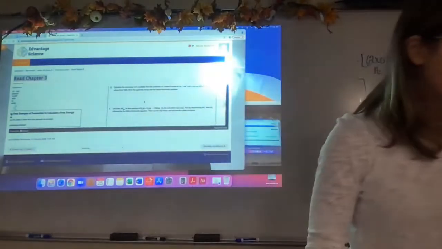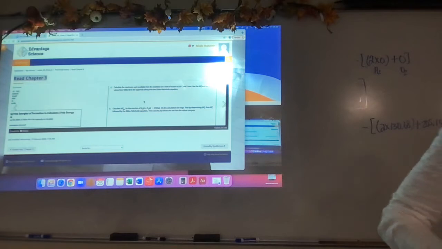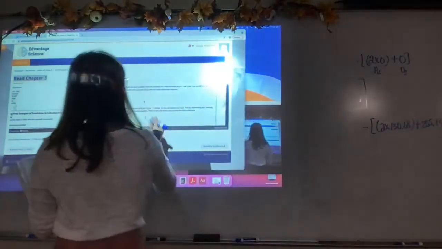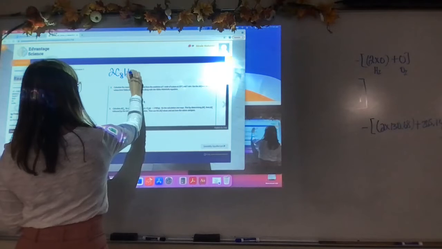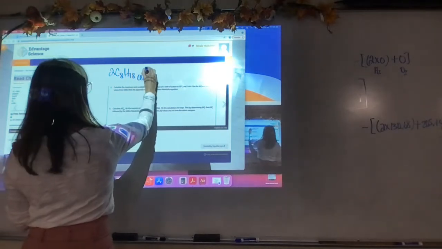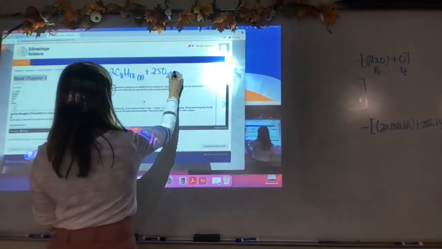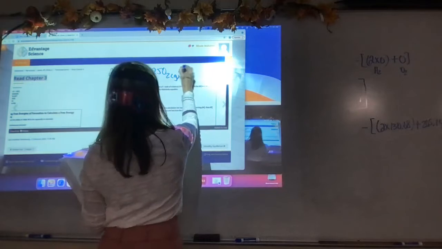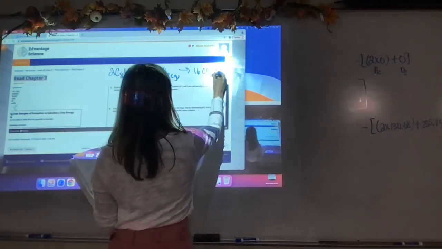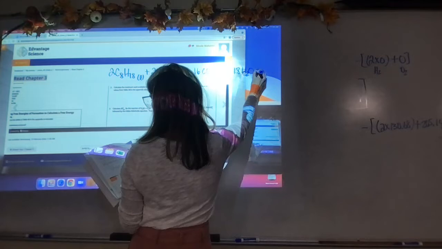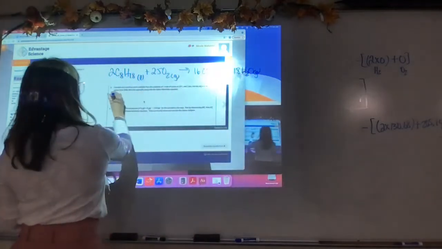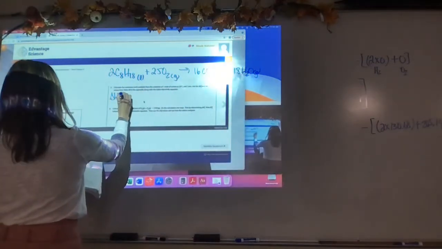Okay. So here, we're going to take octane. So this is going to be 2C8H18, and this is a liquid, plus 25 O2 gas is going to form 16 CO2 gas plus 18 water vapor. My delta H values are going to come from the back of the book.